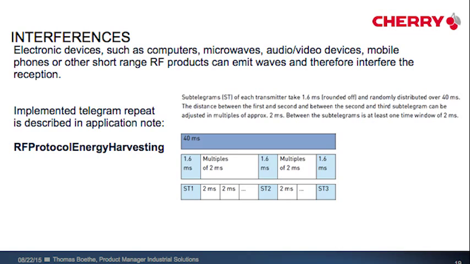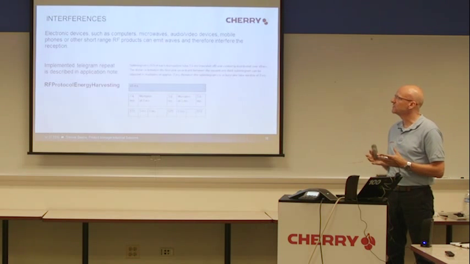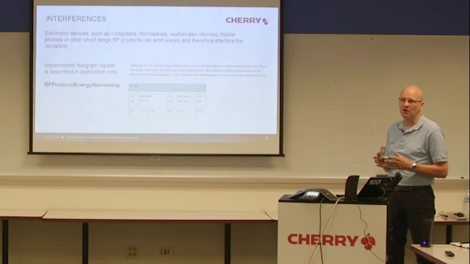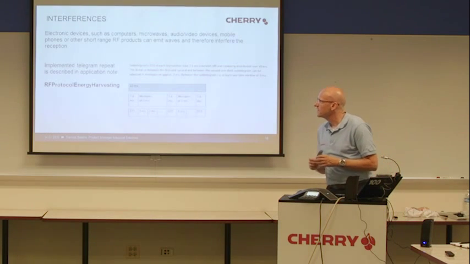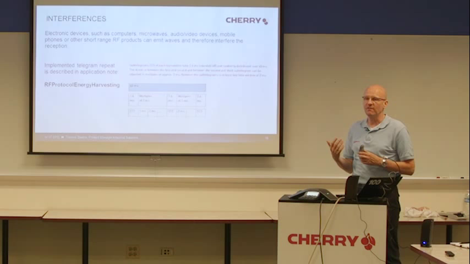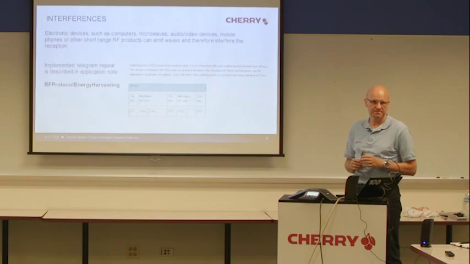Okay, what we implemented in our RF system against interference from other systems sending on the same frequency is the repeating of our subtelegrams. As I described, the ZF proprietary protocol is about 12 bytes, and by pressing our sender or energy harvesting switch, we send out 3 telegrams every time.